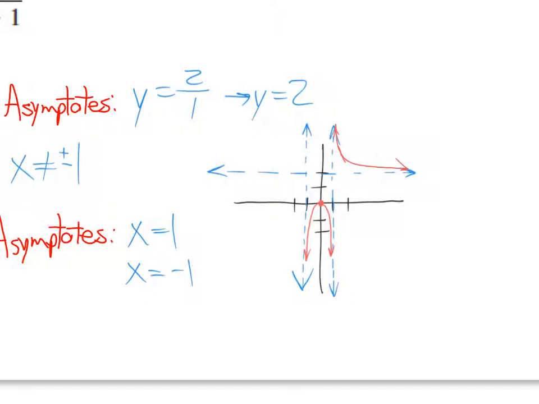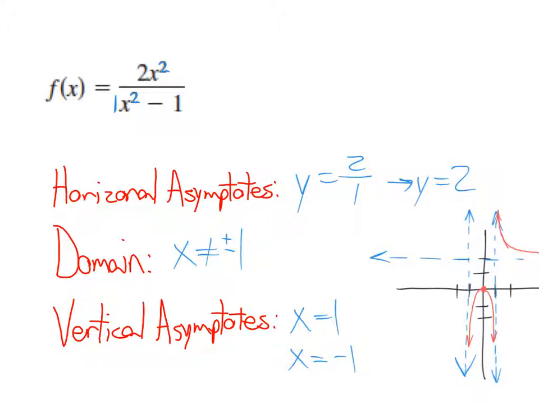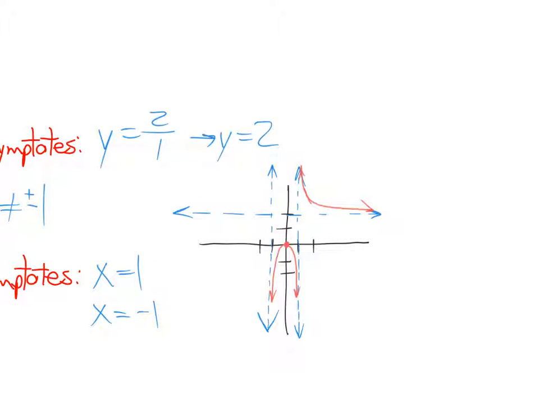If I plug in x equals 2, I get 8 on the top and I get 4 minus 1, so I get 3 on the bottom. So I know I have the point (2, 8/3). That's 2 2/3, which is bigger than 2, obviously.